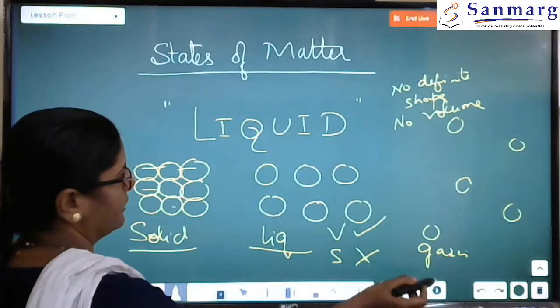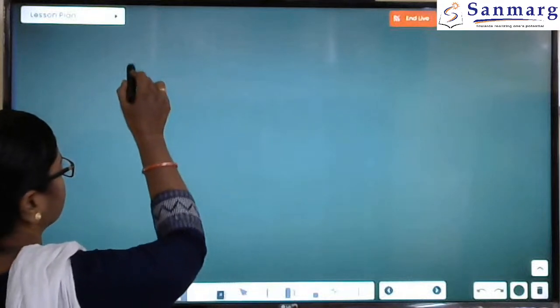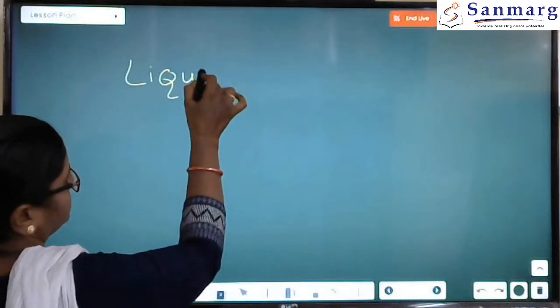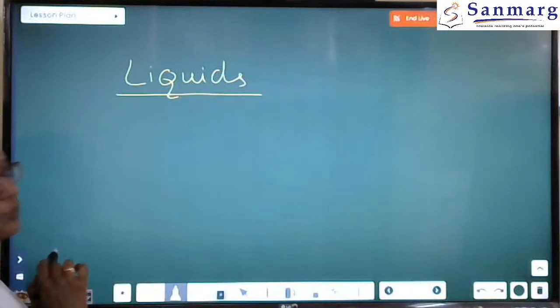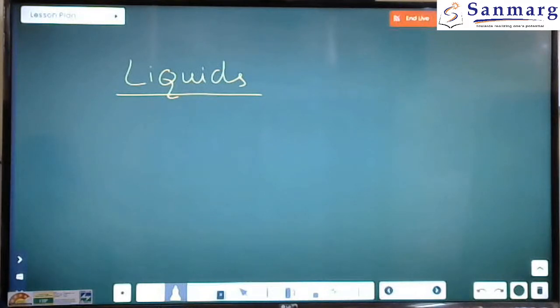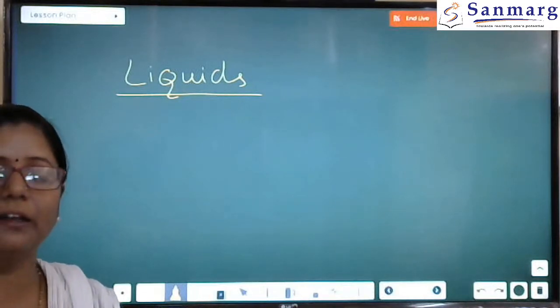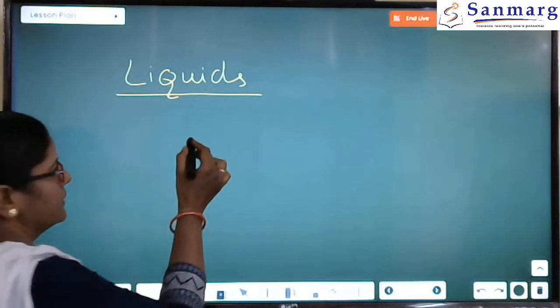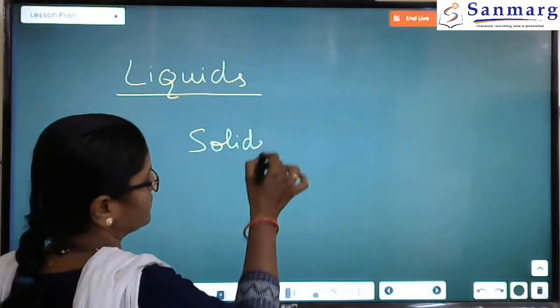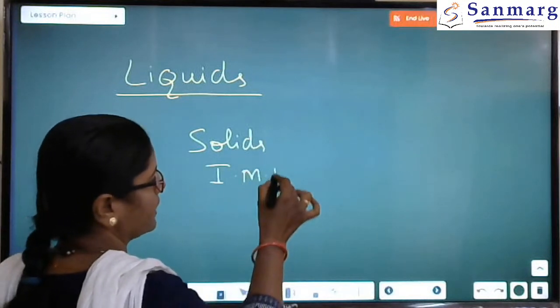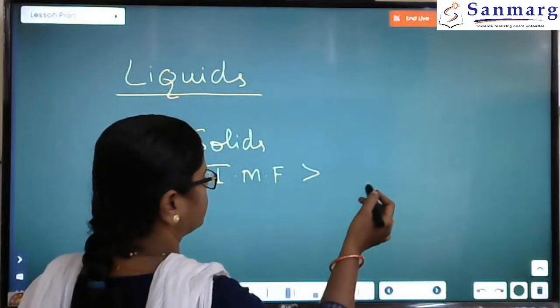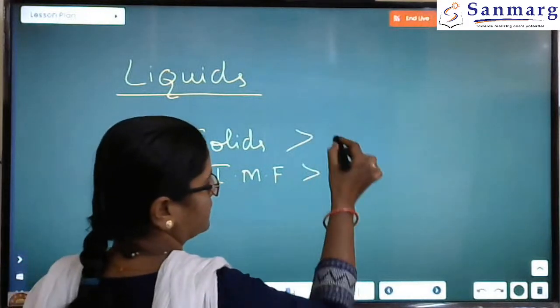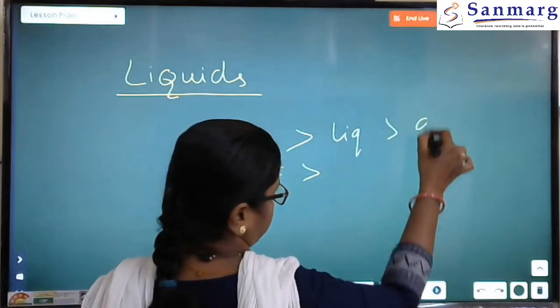So next is liquid. First of all, what do you mean by liquid? Liquids are those in which molecules are held together by intermolecular force of attraction. The intermolecular force of attraction in liquids is greater than in gases, but smaller than in solids. It is greater in solids, then liquids, then gases.